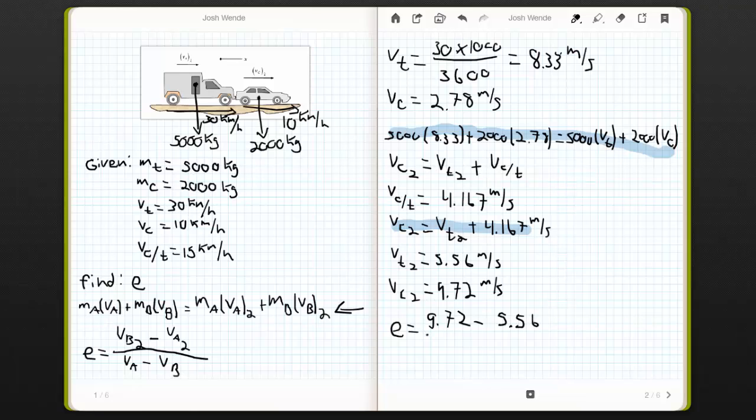That is over the original velocity of the truck, 8.33, minus the original velocity of the car, which was 2.78. Which brings us to a coefficient of restitution between the truck and the car of 0.75. There are no units for the coefficient of restitution.